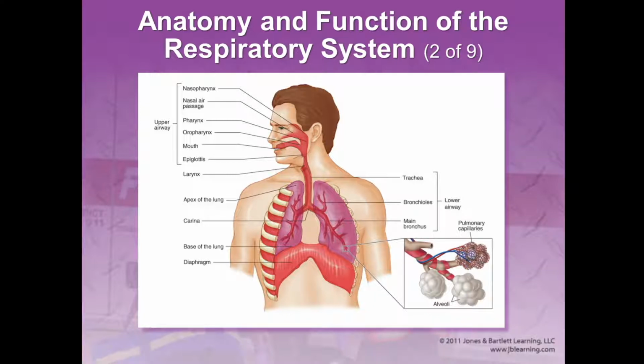But you get your air all the way from your environment into your bronchi, bronchioles, and your alveoli, which has all your pulmonary capillaries covering it, and that's where the gas exchange happens. Oxygen goes into your bloodstream, fresh oxygen from breathing it in, and then carbon dioxide from all your used blood from the rest of your body gets transferred into your lungs again, so you can breathe that out. And that's how that works.